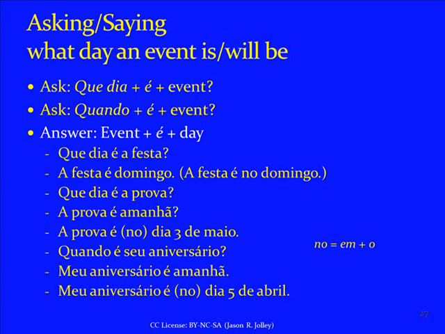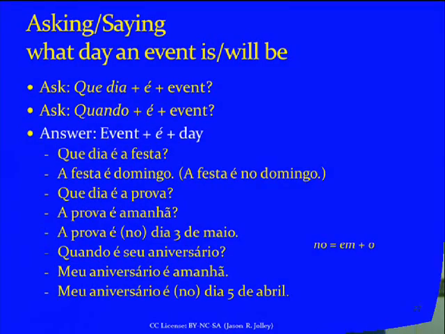Or if I want to say the date, if it's still a ways out, or the person's asking me because they're filling out some kind of form. Quando é seu aniversário? Meu aniversário é no dia 5 de abril. Again, that no is optional, and it comes from the contraction between the preposition em and the article o, but it's optional. Meu aniversário é dia 5 de abril.